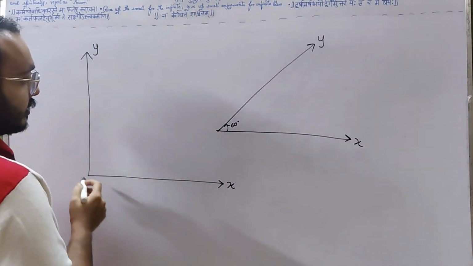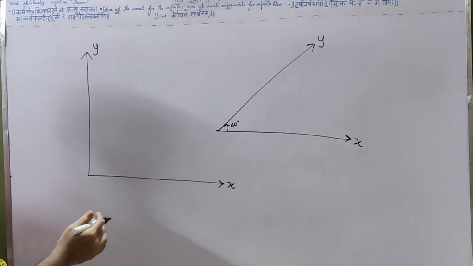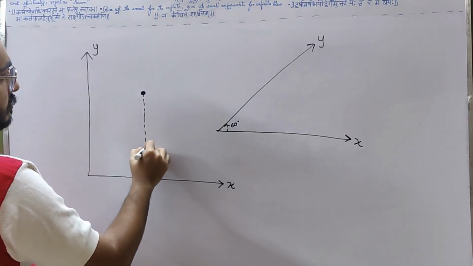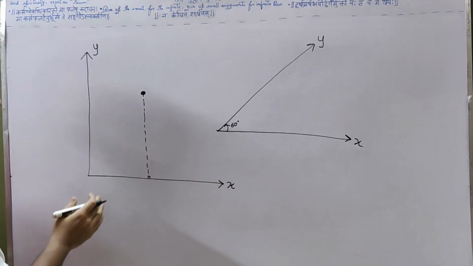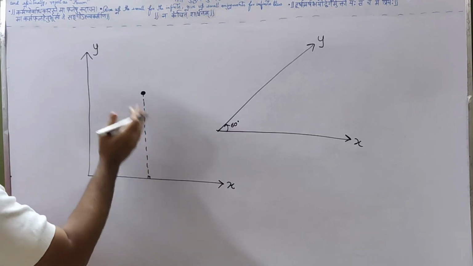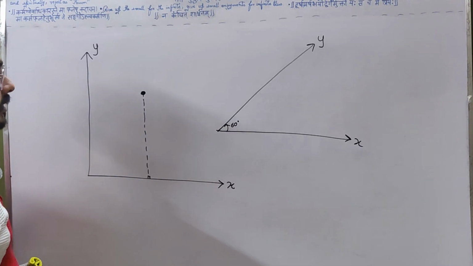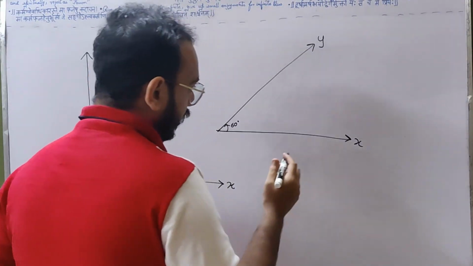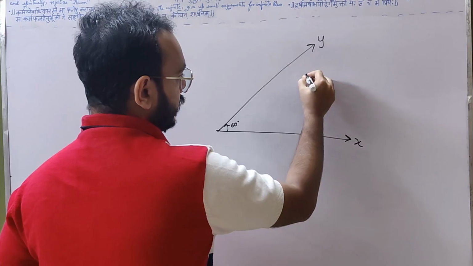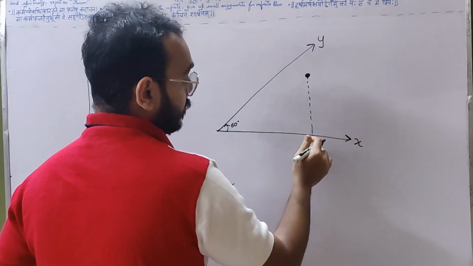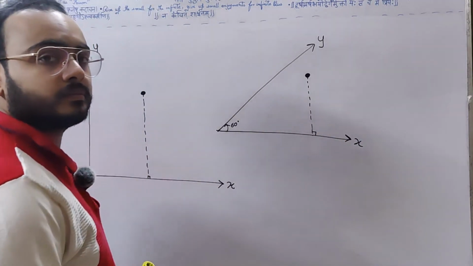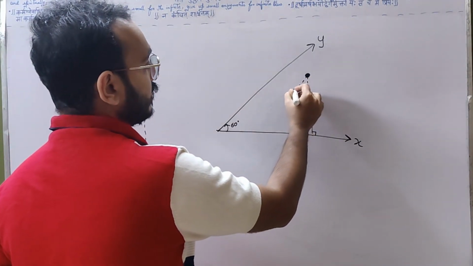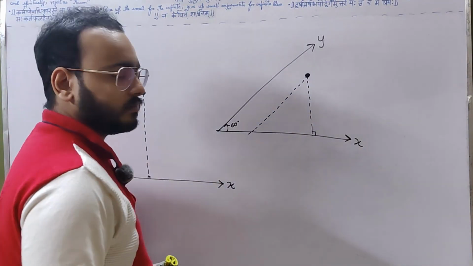Now, while measuring the location of a point in this orthogonal setup, I was drawing a straight line perpendicular to the x direction, and just notice that this line is parallel to the y direction, right? But this complication arises when x and y are dependent on each other. How? If I have a point and if I have to locate it, I can drop down a line perpendicular to the x direction. And I threw a question at you guys: what if I had drawn the line parallel to the y direction?